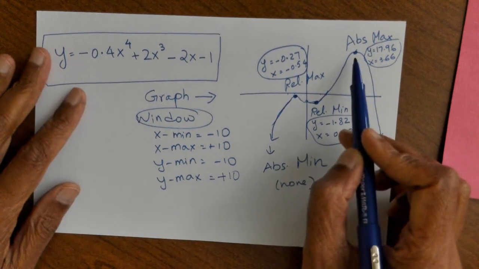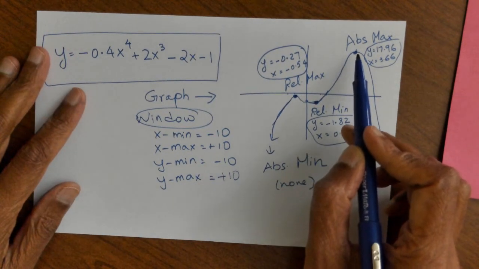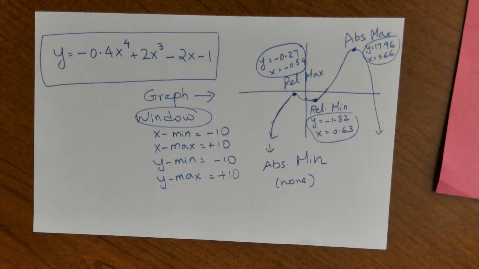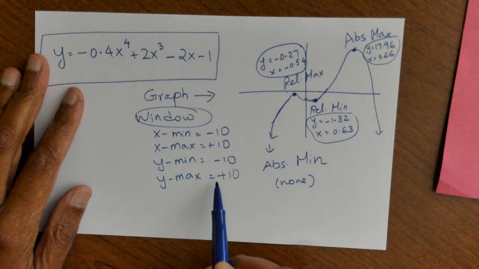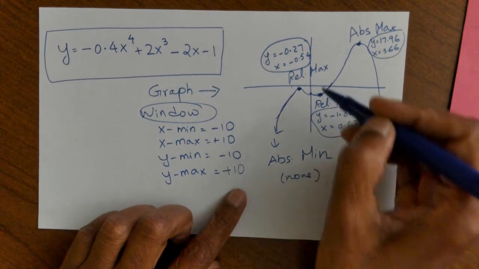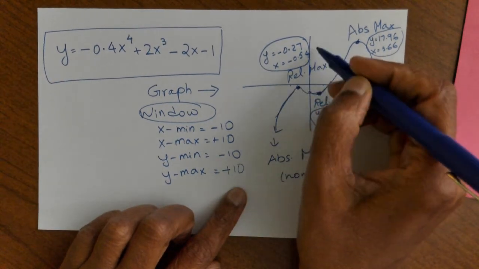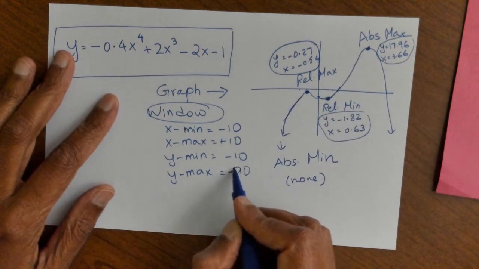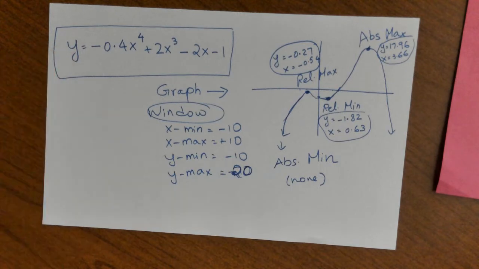Are you able to see the absolute max? No, right? It goes up, exactly. So the reason is you want to change your Y maximum. When Y maximum is 10, from here to here is 10 units, but that is not enough. You want to change that to 20 units and see if that helps. So change the y max to 20 and see if you're able to see the whole graph.